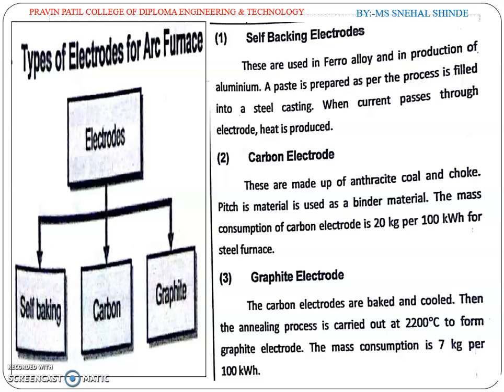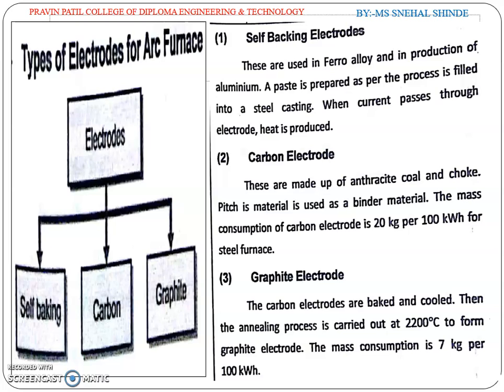The self-baking electrodes are used in ferroalloy and in the production of aluminium. A paste is prepared as per the process and filled into a steel casing. When current passes through the electrode, heat is produced.